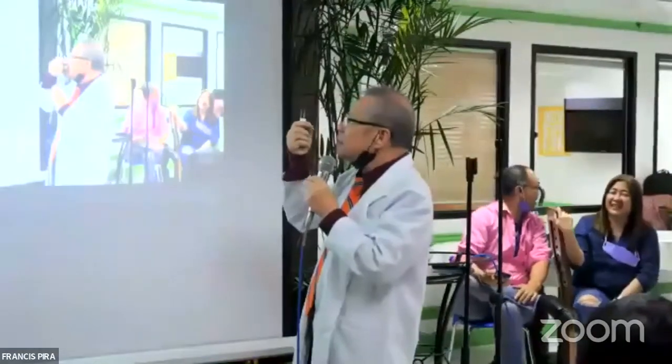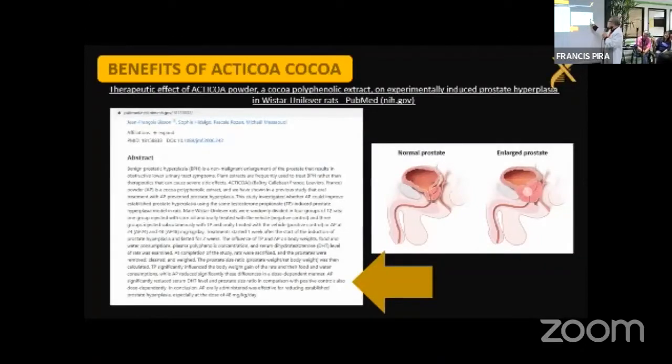Francis, next slide. Okay, so by the way, 70% of the semen kada bang magawa sa lalaki during ejaculation is a fluid coming from the prostate gland.